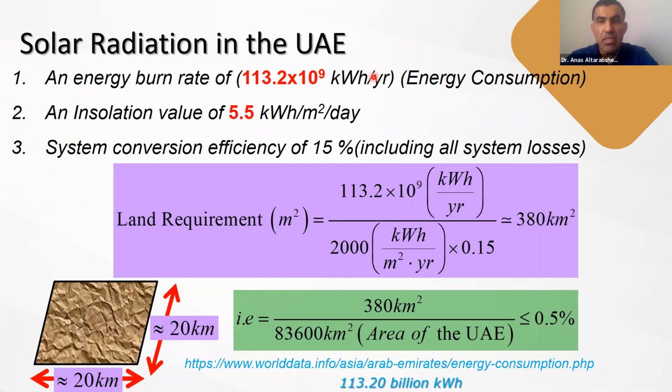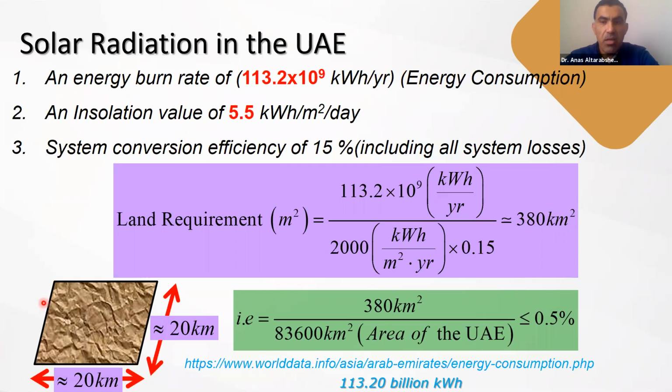Okay, now if we divide the consumption over the generation, here I'll be assuming the efficiency of the whole system, including the modules, the energy losses in the cables, the inverters, the batteries, whatever you like. I assume that efficiency as 15%. Doing so, without going into this equation, we need about 380 square kilometers of PV panels.